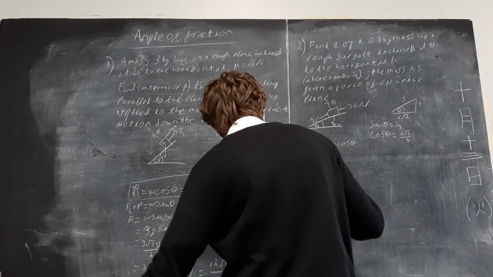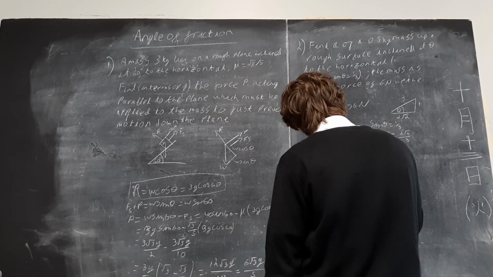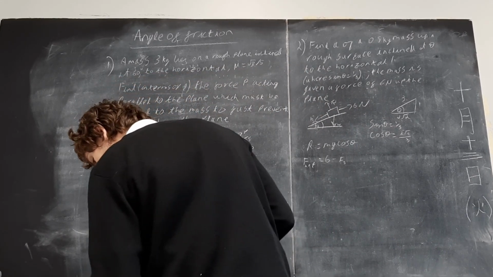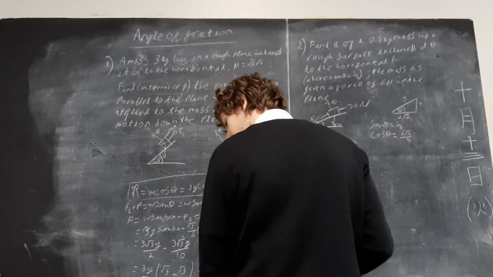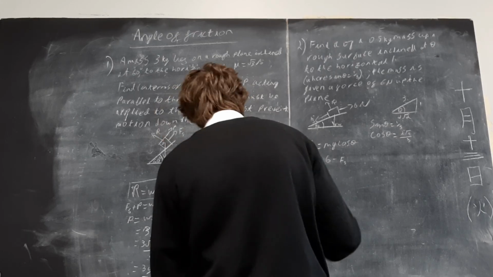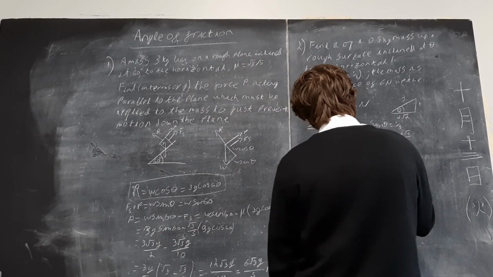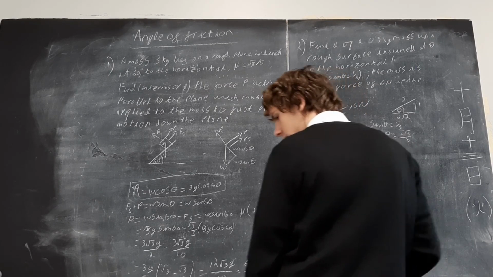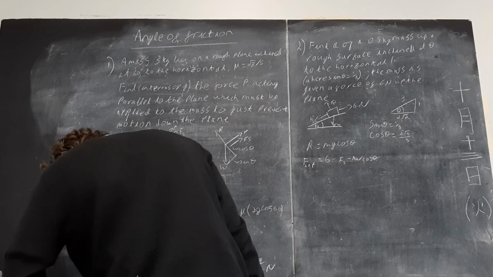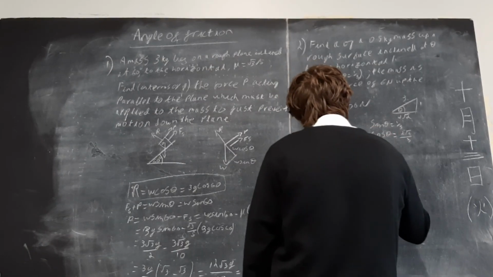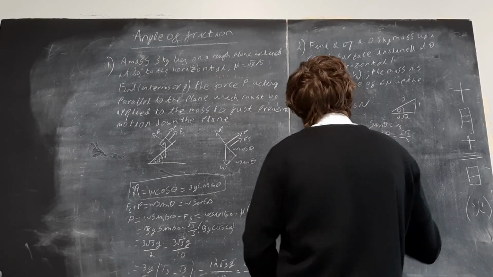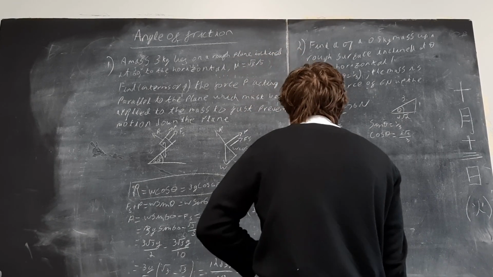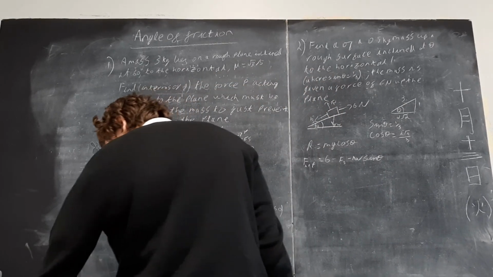F net is equal to 6, take the force of friction, and then there's also take away W sin theta.